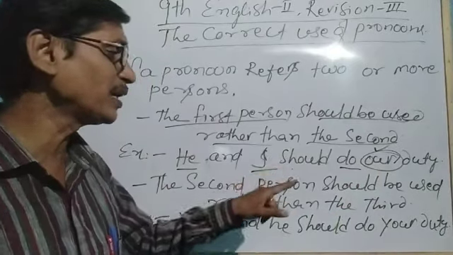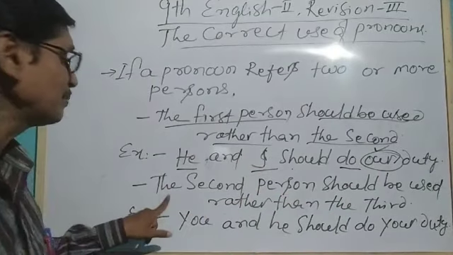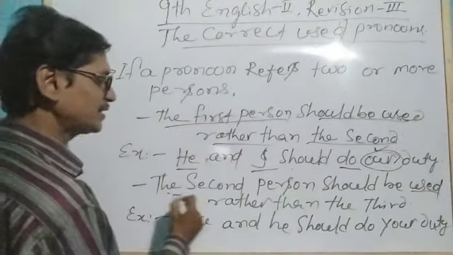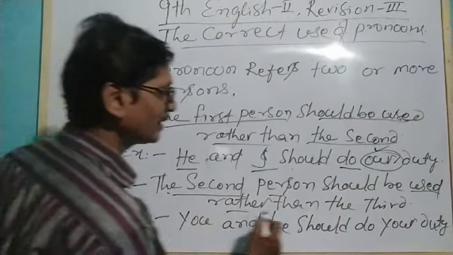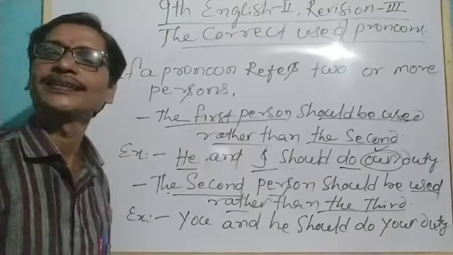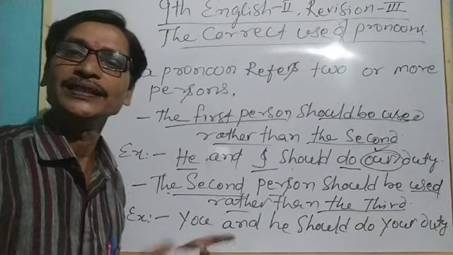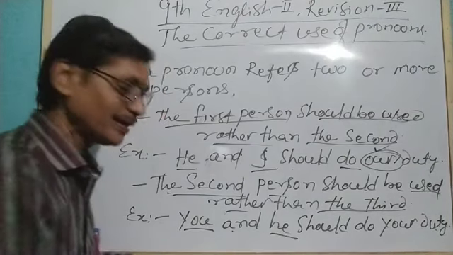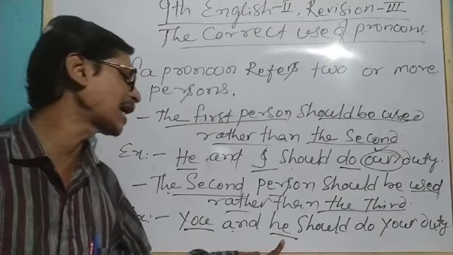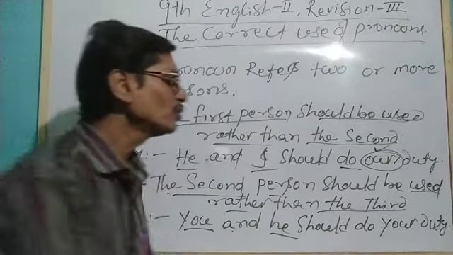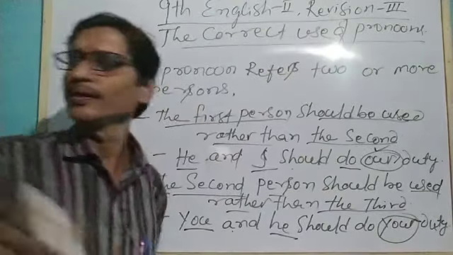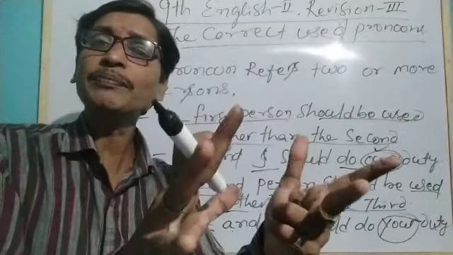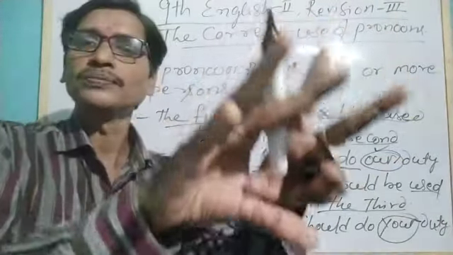Understand? So similarly, the second person should be used rather than the third person if used in our sentence. Here you see another example given. You and he, you is second person, he is third person, should do your duty. You and he both collectively became you.